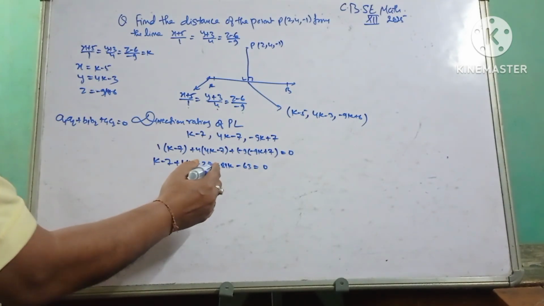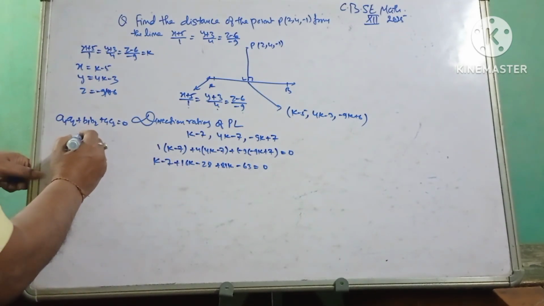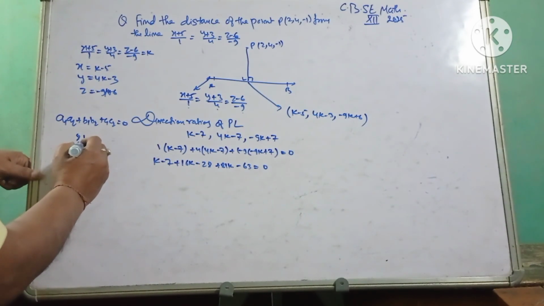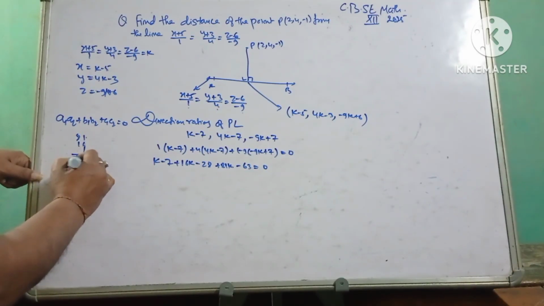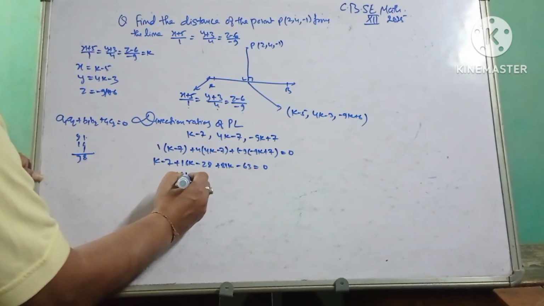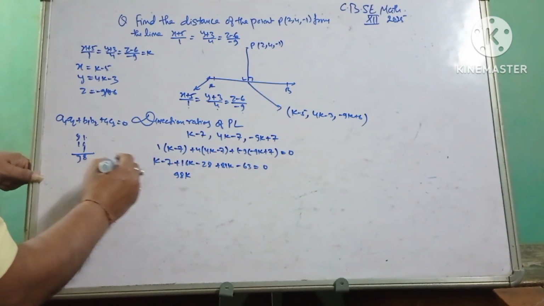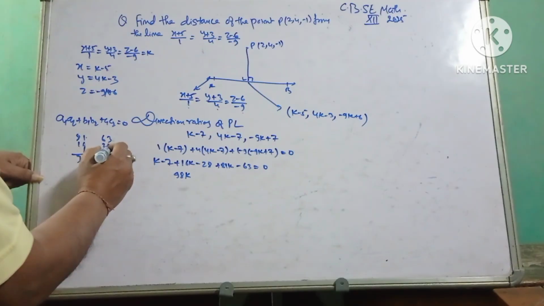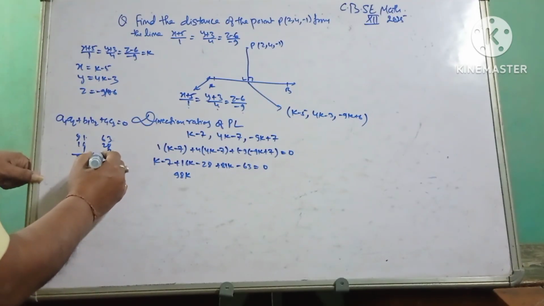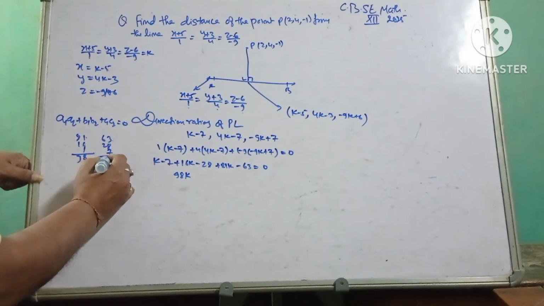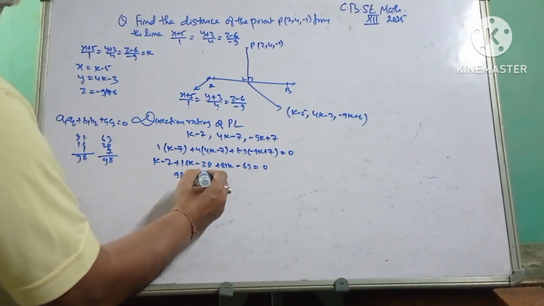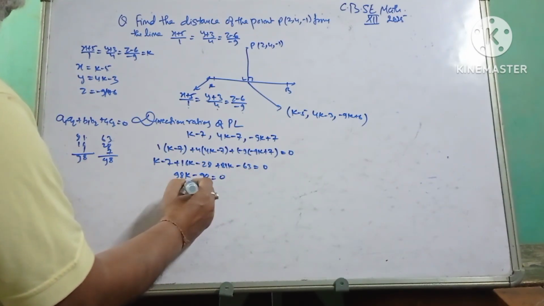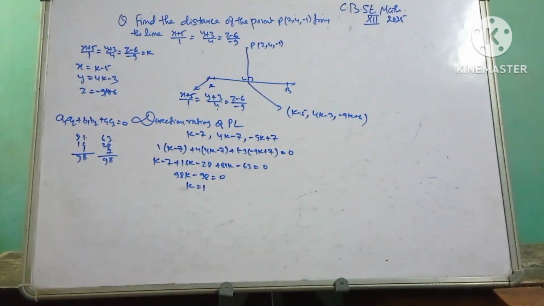Now here, 63 plus 16 plus 1 is 80, the k coefficient is 80. And the constants, 49, 28, 7, add up to minus 84. So 80k minus 84 is equal to 0, so k is equal to 1.